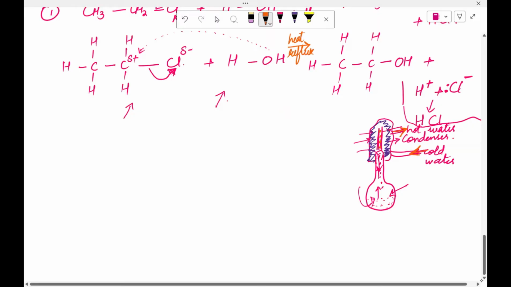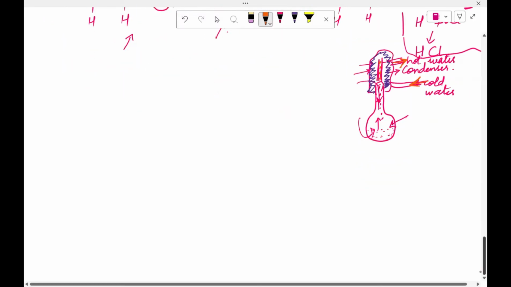Okay, so let's move further and discuss the second reaction, which is going to be with CH3, CH2, Cl, and now it is going to react with NaOH in aqueous form. Again, this reaction would be conducted in heat reflux.